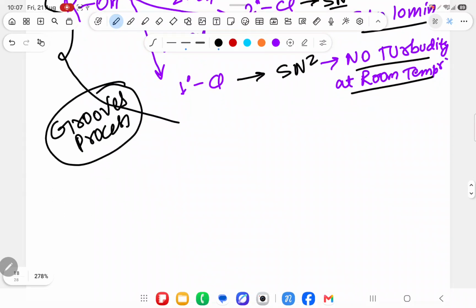Now, the question is there. Which of the following alcohols will react with Lucas reagent? Which of the following will give?